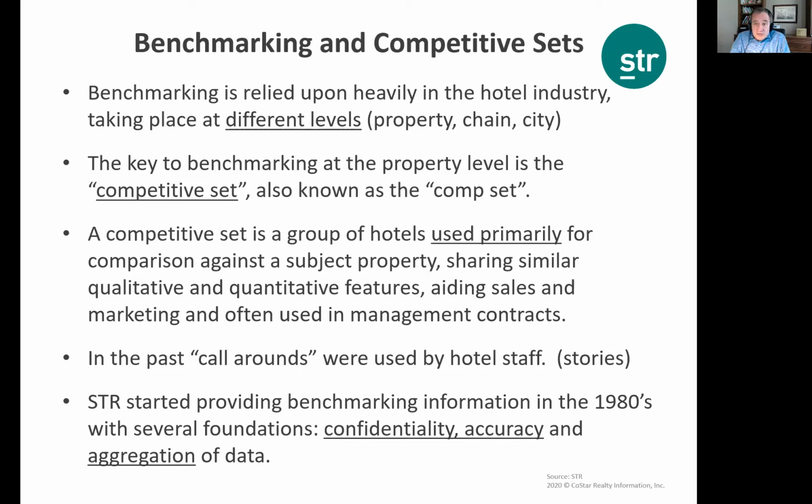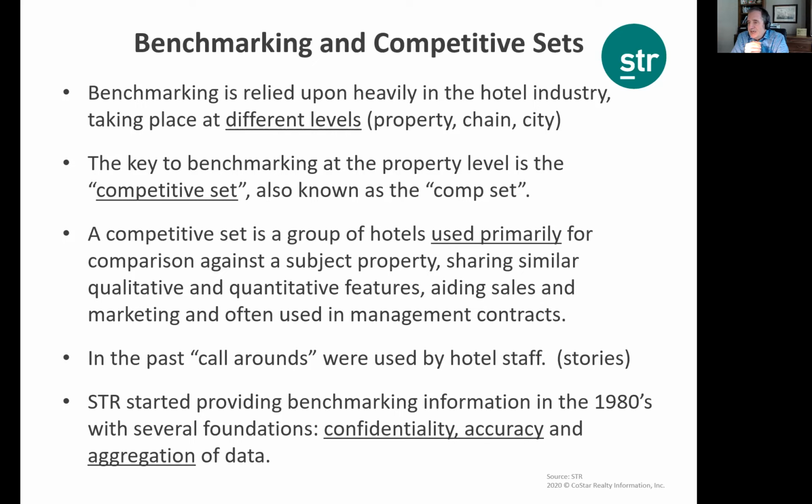If you're a tourism organization, you could be comparing the data for your city to other similar cities, and you'd be benchmarking that way. So lots of benchmarking going on, not just in the hotel industry, but in every industry as well. But in the CHIA training, we're going to focus on benchmarking at the property level.